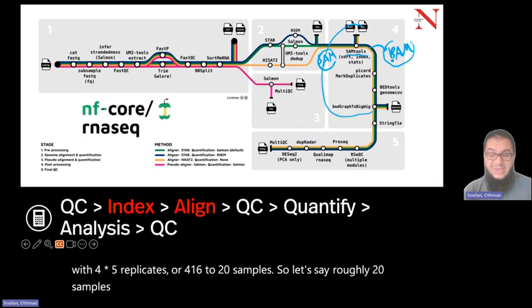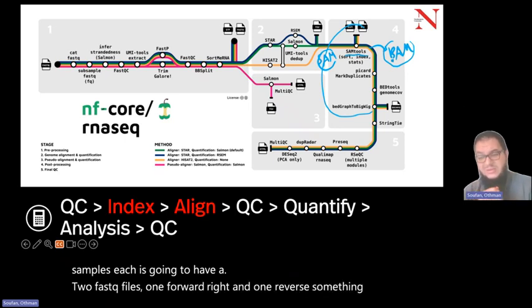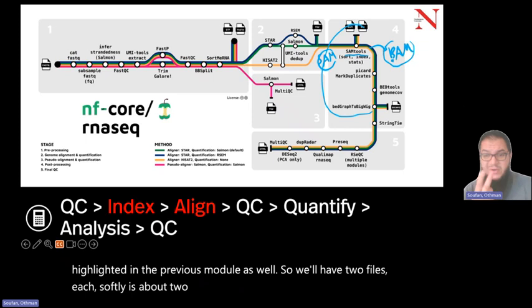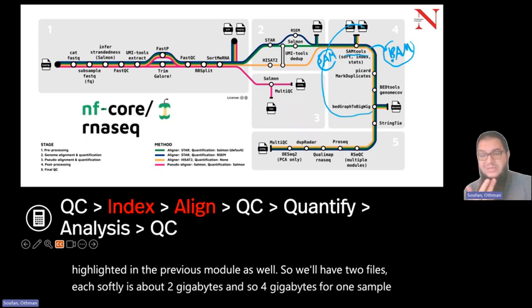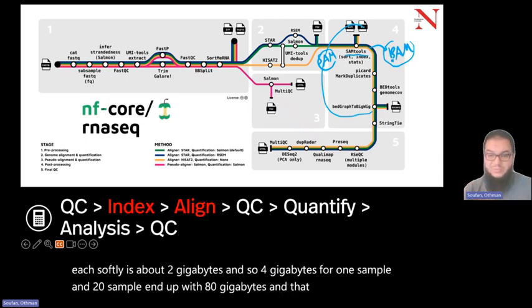Each is going to have 2 FASTQ files, one forward and one reverse, something we highlighted in the previous module as well. So 2 files, each roughly 2 gigabytes, so 4 gigabytes for one sample, and 20 samples end up with 80 gigabytes. And that is only one experiment.